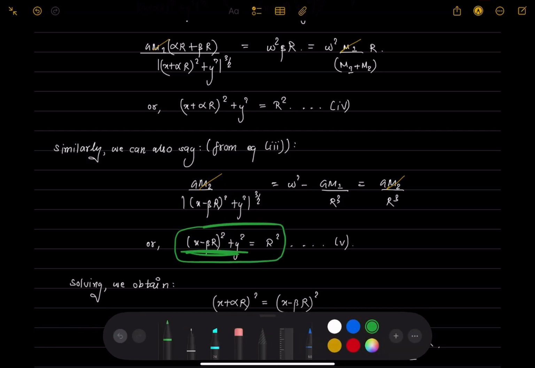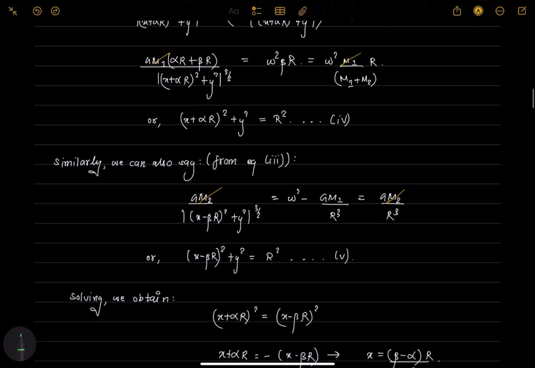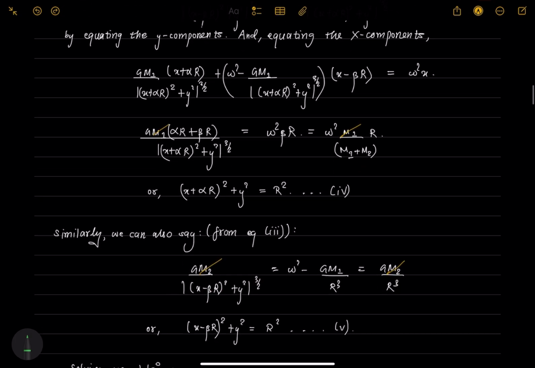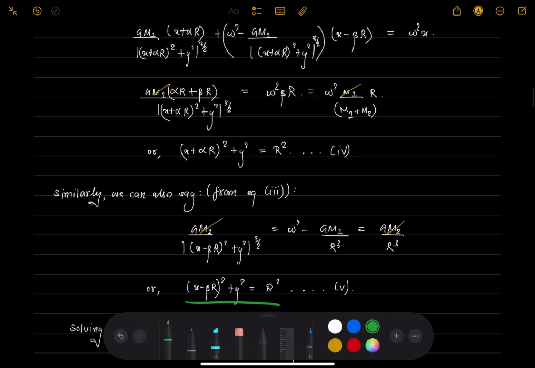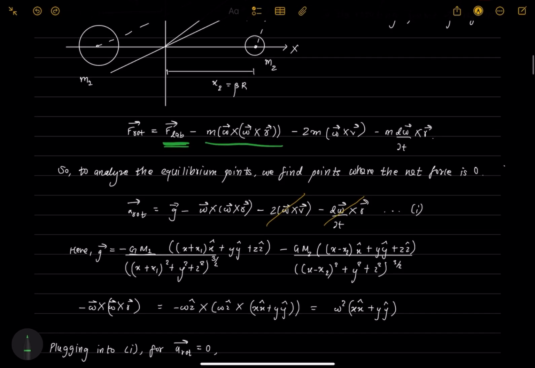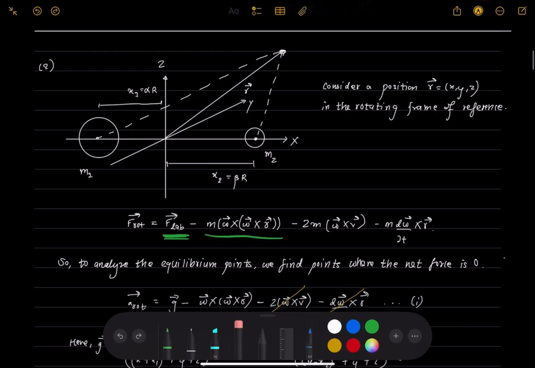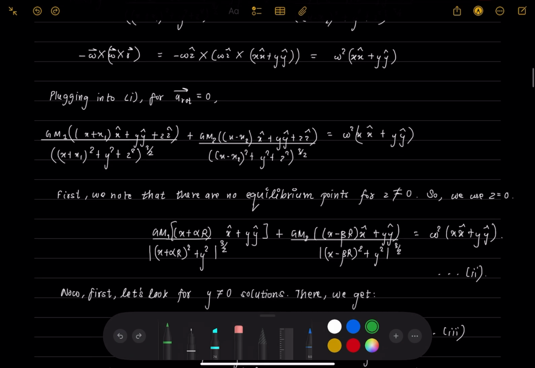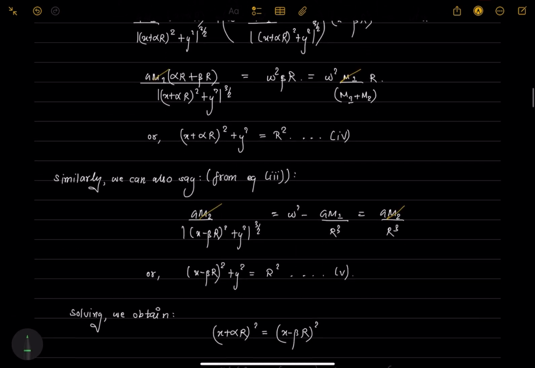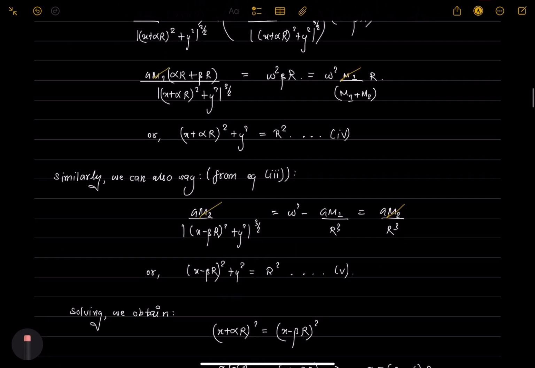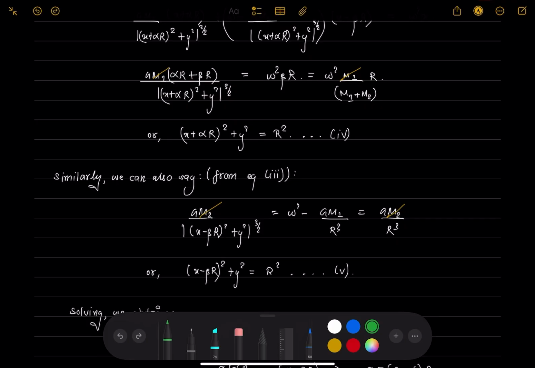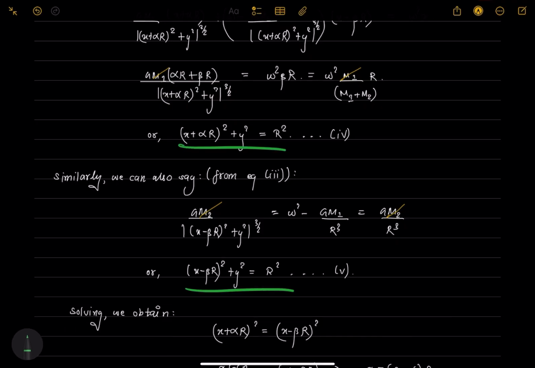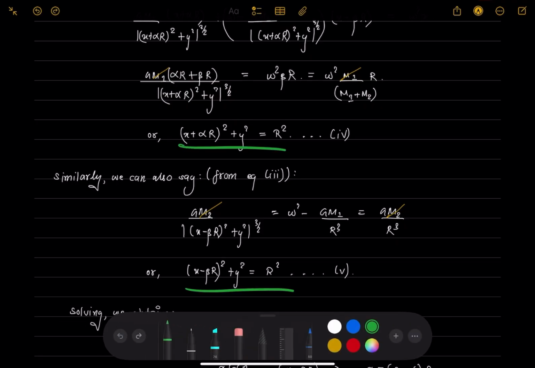This distance relative to the beta r star, that is the second star, right? We can also obtain this particular distance. We basically need to solve for x and y which satisfy equations 4 and 5.